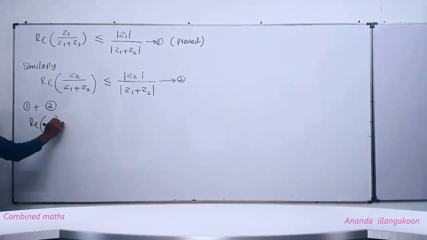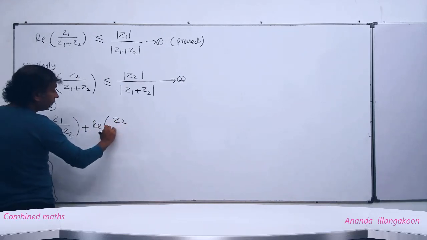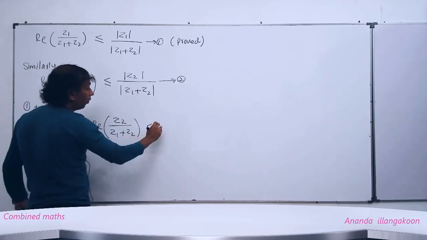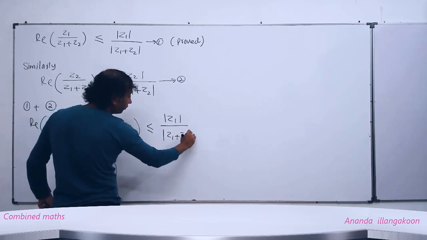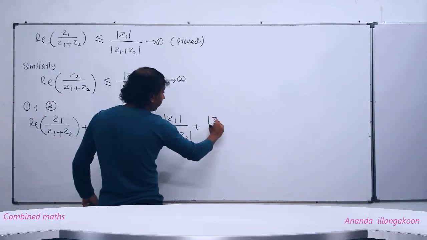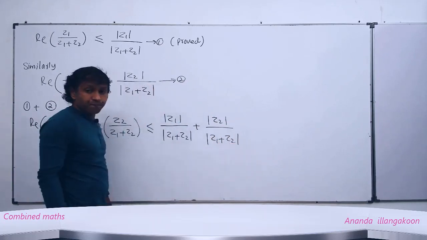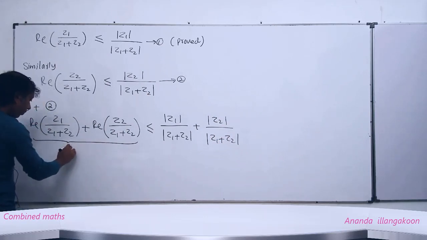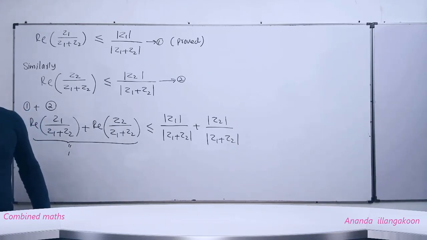The real part of Z1 divided by Z1 plus Z2 plus the real part of Z2 divided by Z1 plus Z2 is less than or equal to mod Z1 divided by mod Z1 plus Z2 plus mod Z2 divided by mod Z1 plus Z2. But a moment ago we proved this sum is 1.